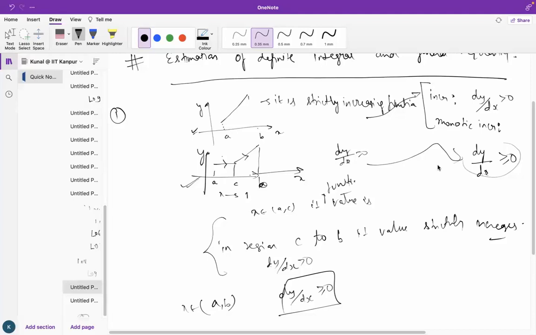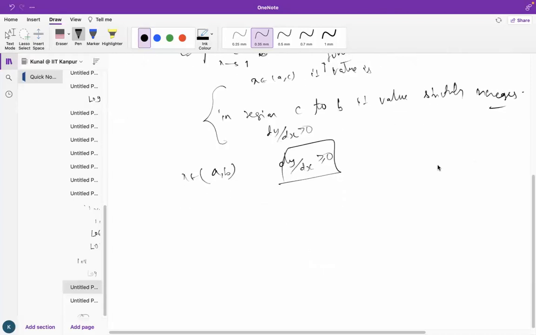So first, we are dealing with the monotonic increasing function. How do we estimate its value? Let me write it here.